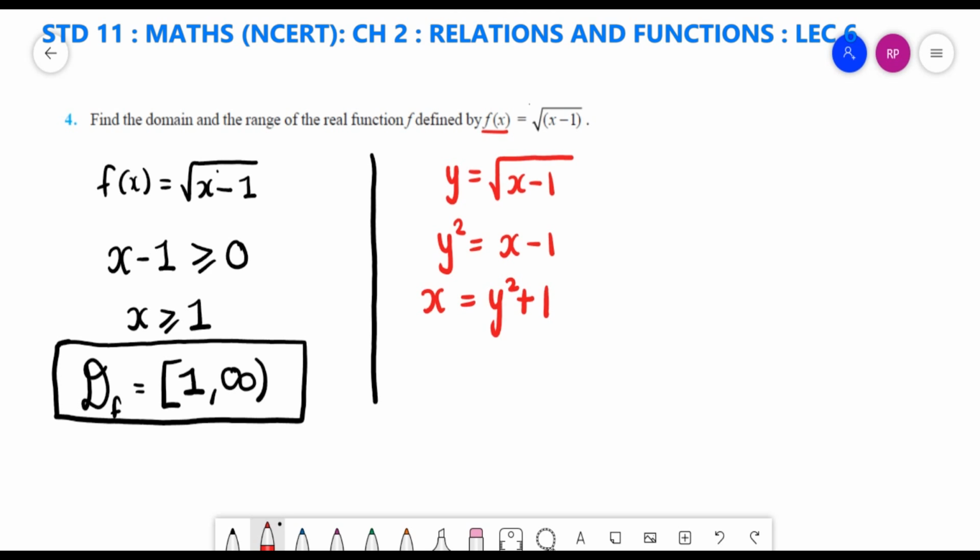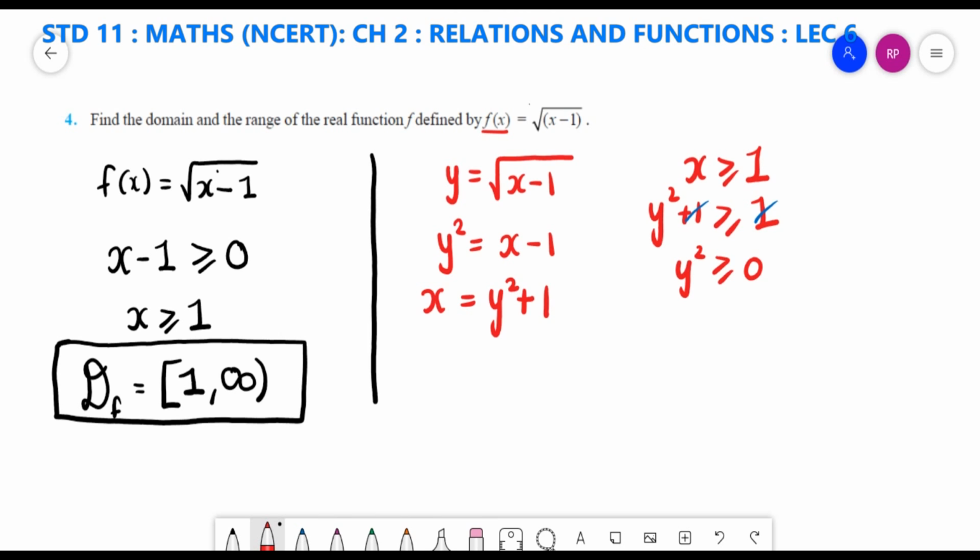Now we have to take the value of x greater than or equal to 1. That means y² + 1 must be greater than or equal to 1. Clear? So here 1 will get cancelled. So the value of y² must be greater than or equal to 0.